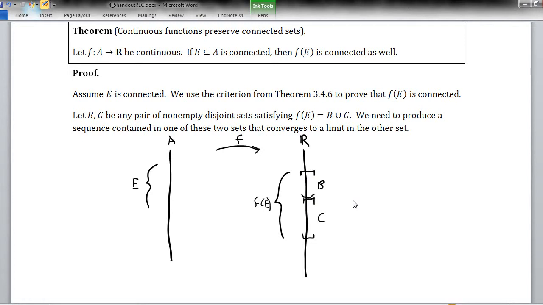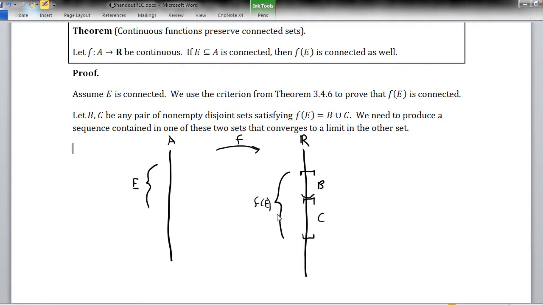Now we need to generate a sequence in one of these sets whose limit's in the other one. The way to get that sequence is to somehow take these sets B and C and move them back here into the domain. And then we can use the fact that E is connected to find a sequence in one of those preimages, which converges to a limit in the other one. And then we can apply f to that sequence and to the limit to get a sequence and a limit here that do the right thing.